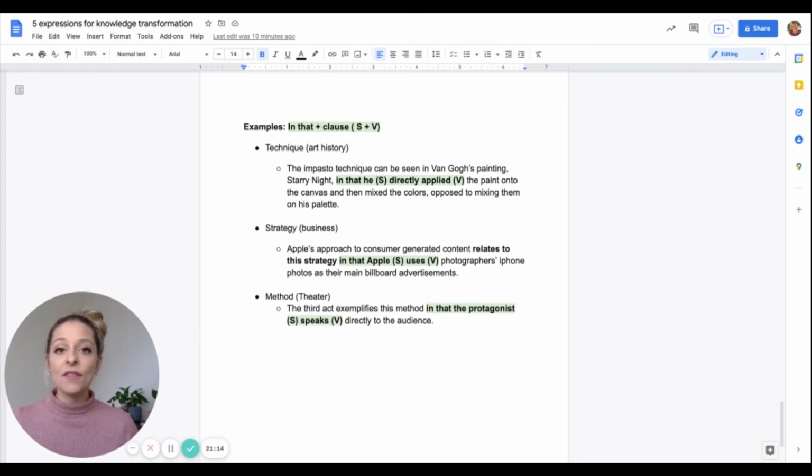Of course, you will have to expand and give some details following this sentence, just like in the full example that I gave you at the beginning. But what I notice with my students is that they really struggle to get from the definition of the key term into the example and directly applying the key term to the example itself, which is what knowledge transformation is.